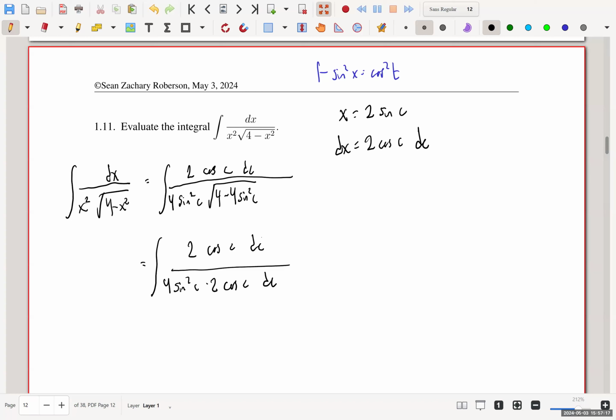Now take a look. My 2s drop. My cosines drop as well. Okay, and now I'm just left integrating 1/4 times the integral of 1 over sine squared of C. But what's 1 over sine squared? Or rather, 1 over sine of C. Cosecant.